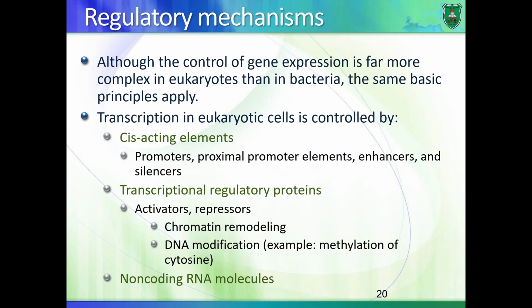We don't know what many of these RNA molecules do, but it is a fascinating area of research now that we have discovered that there are so many non-coding RNA molecules. They have a lot of functions that we don't know about, and there are many types of non-coding RNA molecules. Again, when we say non-coding RNA molecules, we're talking about RNA molecules that are produced by transcription from certain regions in the human genome, but they are not translated into proteins.